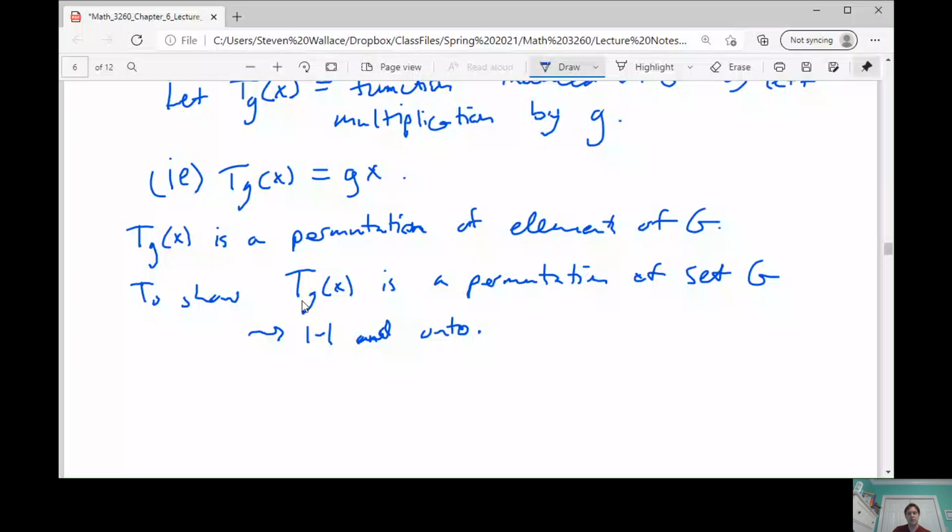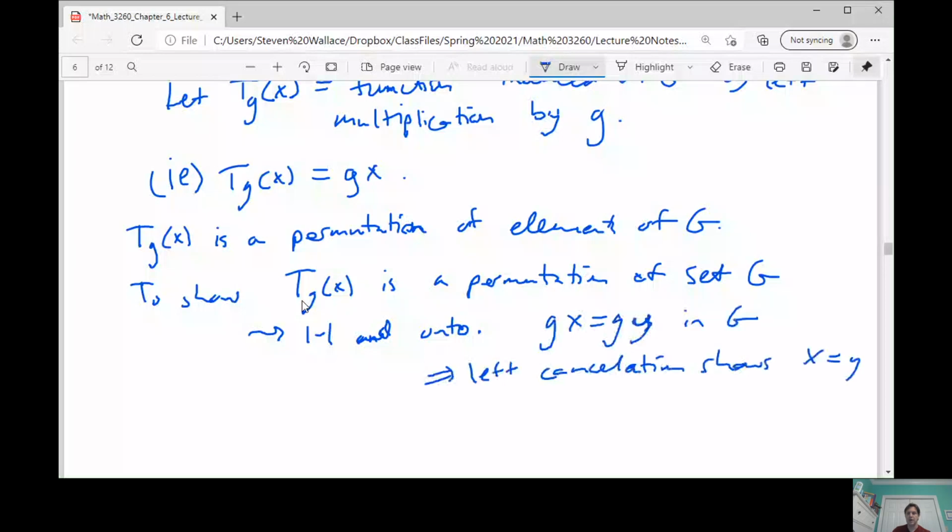Well, suppose g of x is equal to g of y in group G. Well, left cancellation shows that x equals y. Okay, so that's one-to-one.